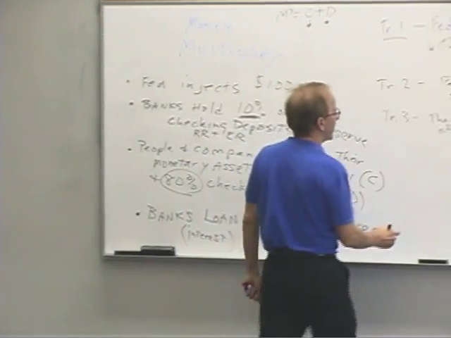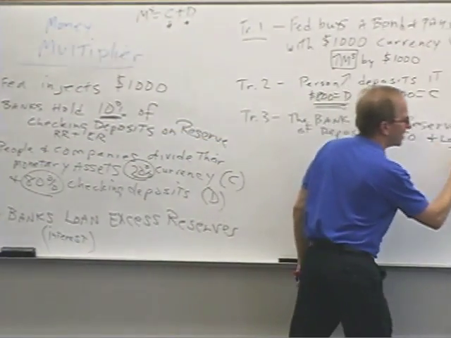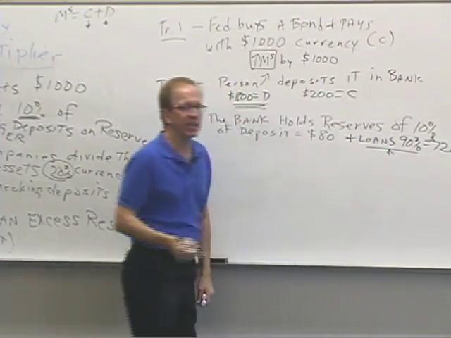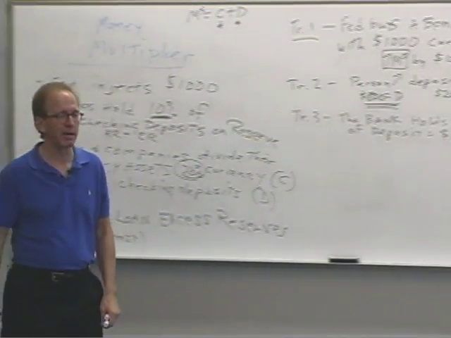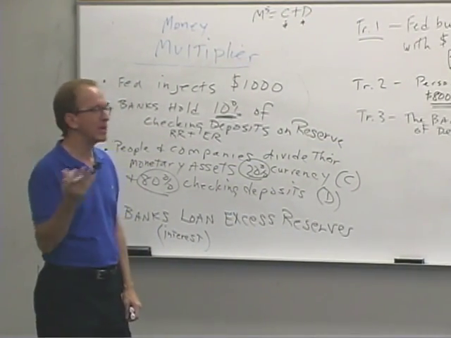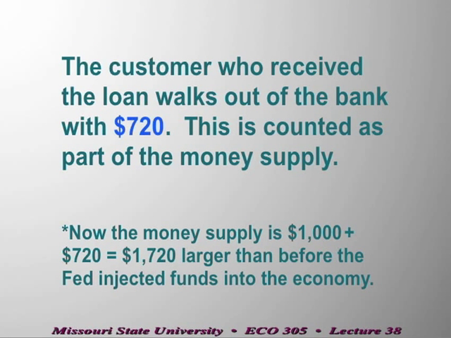Okay, so here's the key, and here's what's driving our multiplier. The person who came into the bank and borrowed that money walks out with $720. So this increases the money supply by $720.